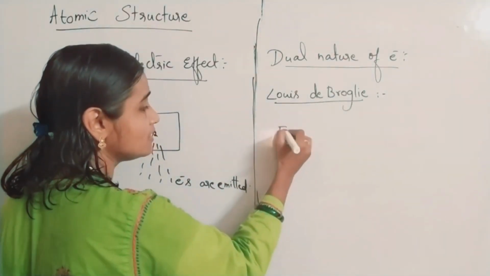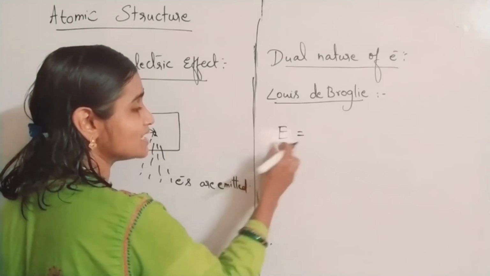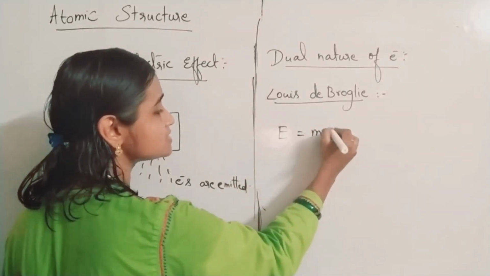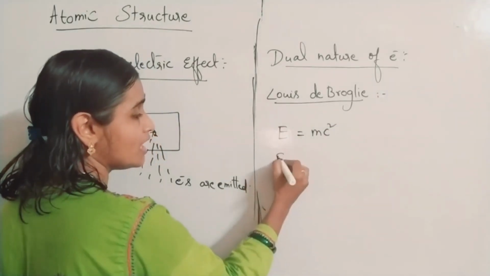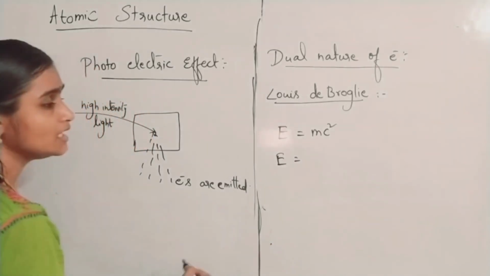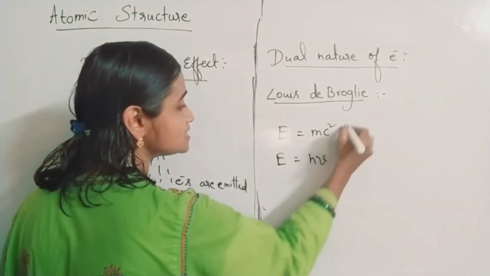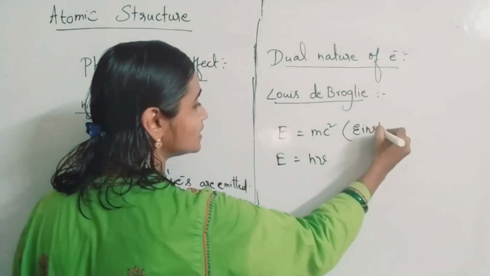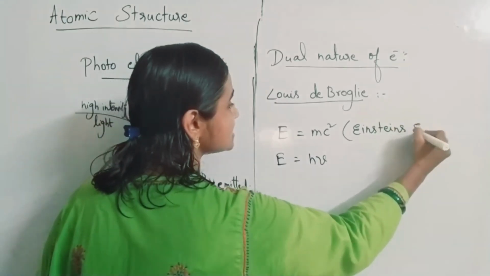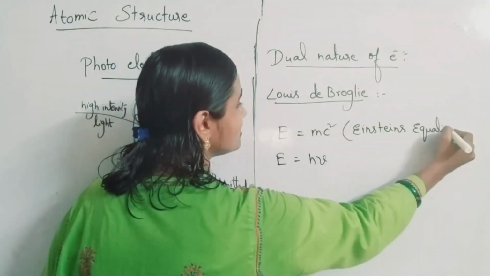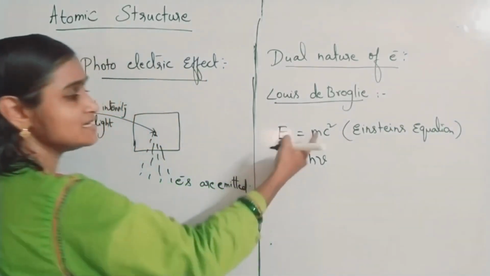Okay, so accordingly, how has he produced his concept? Using Einstein's mass energy equivalence, E is equal to mc square, the formula is there, you all know. And you also have E is equal to h nu. This is Einstein's mass energy equivalence. Albert Einstein gave the mass energy equivalence.